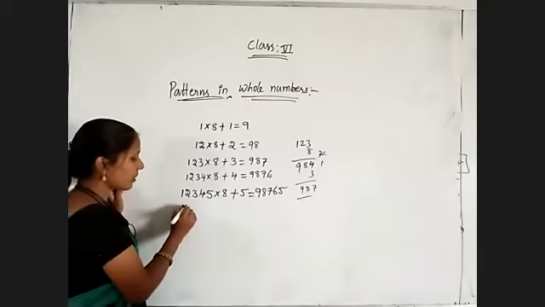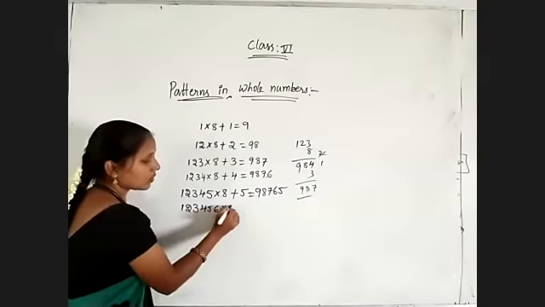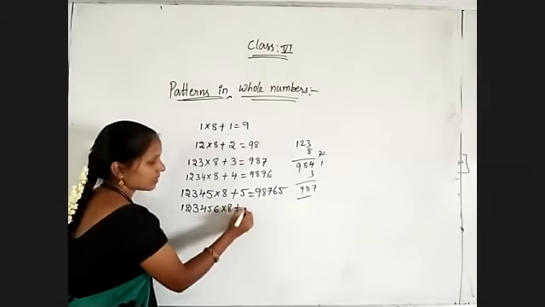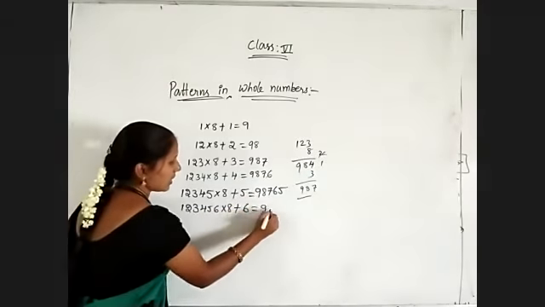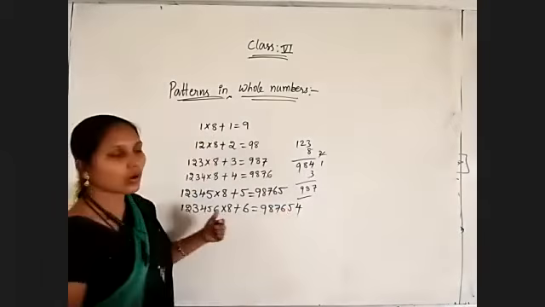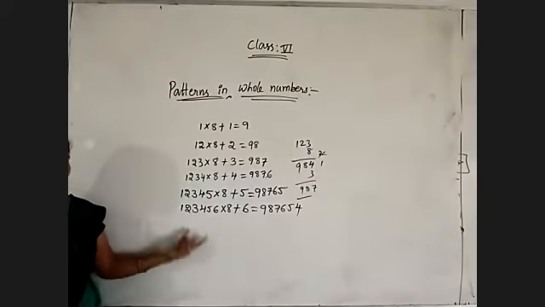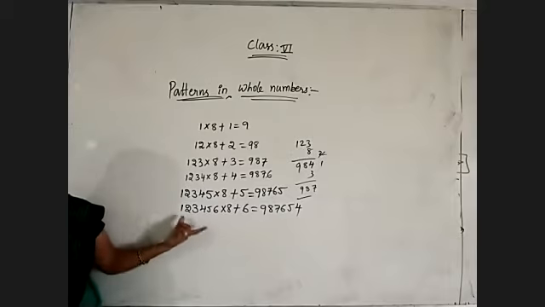And the next step will be 123456 into 8 plus 6, that is 987654. So as I told you, this is the first problem in exercise 2.3. I have explained once again, so maybe now you understood well.